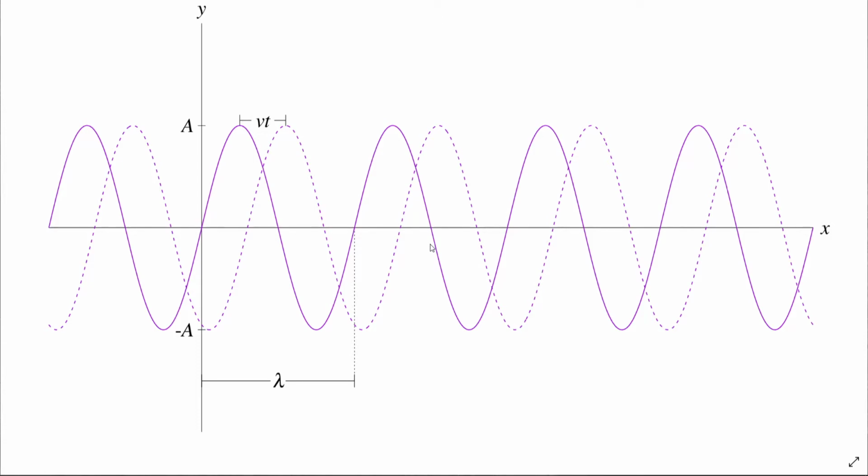So it looks like the teeth of a saw. That's our sawtooth wave. And you can, of course, have a triangular wave where you go slowly, nice and uniformly between two extreme values like this. So that's a triangular wave.